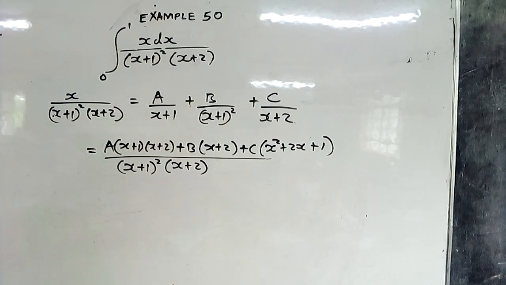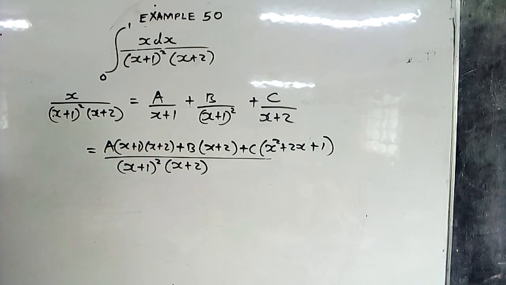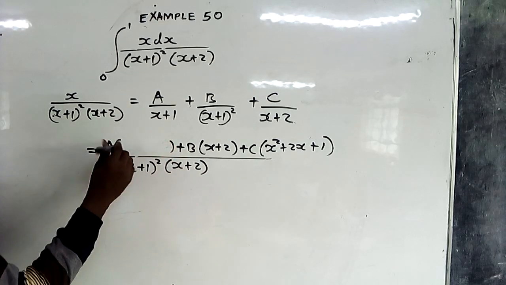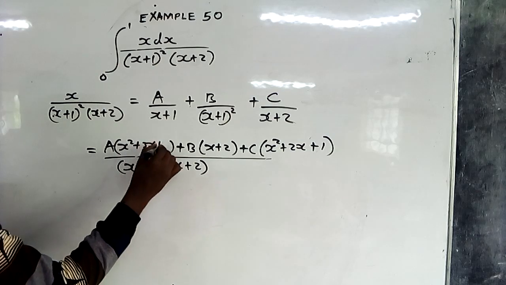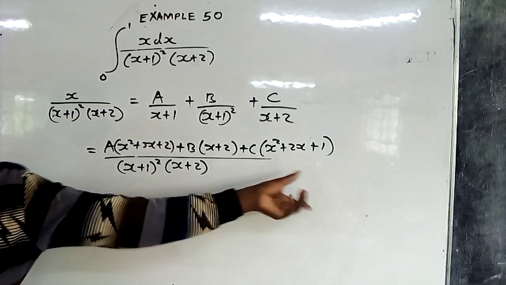Then if you expand (x plus 1) times (x plus 2), that is x squared plus 3x plus 2, isn't it? So that is what you should have in the next line.